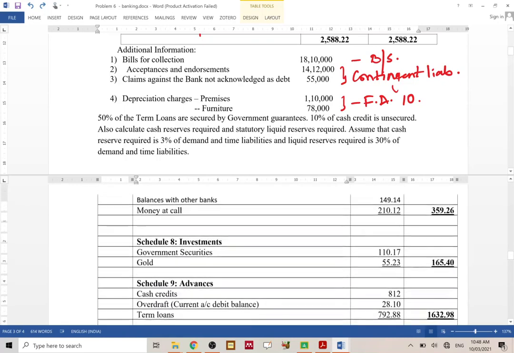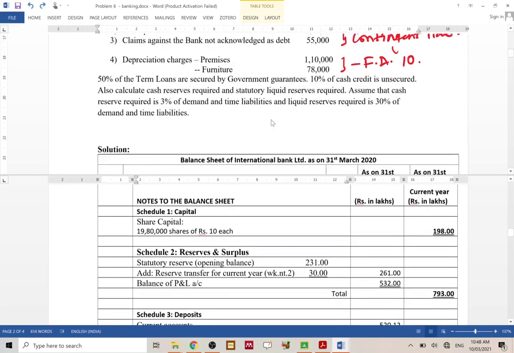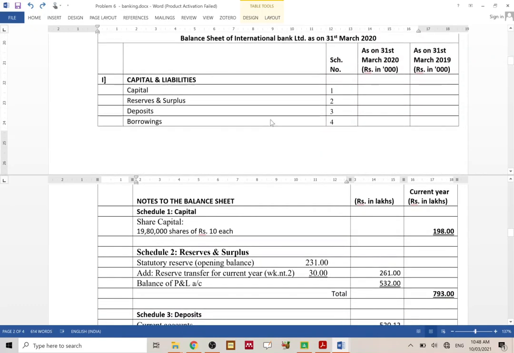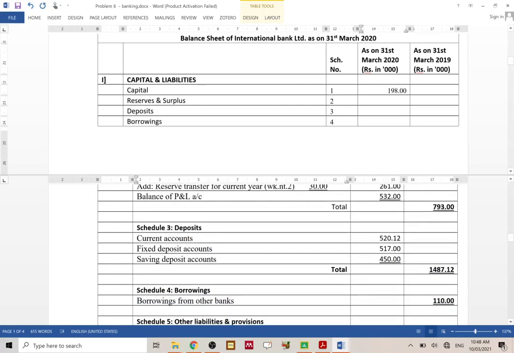Alright, so time to transfer all the schedule totals to the final balance sheet. Let's do it one by one. Outline is ready. Capital 198, just posting now from one to another. I will write the decimals as well. 198.00. Then reserves and surplus, we keep going from one to another. 793.00, of course.